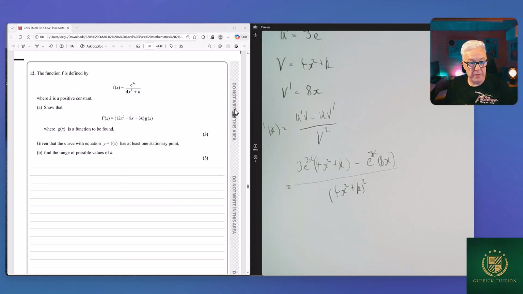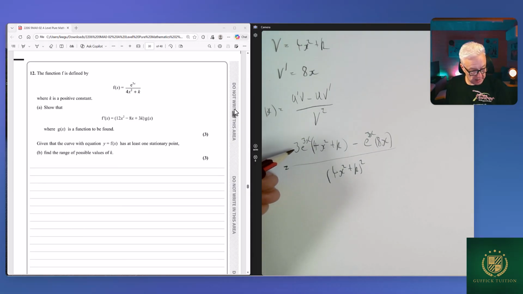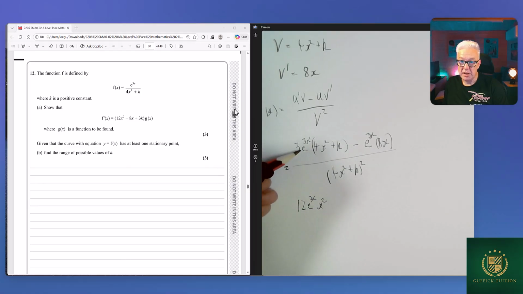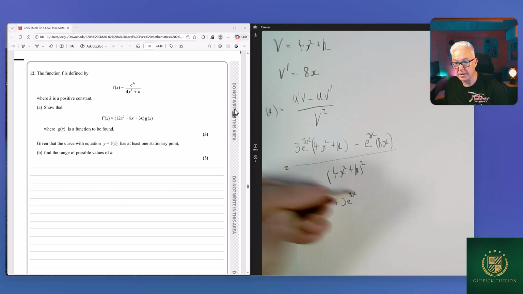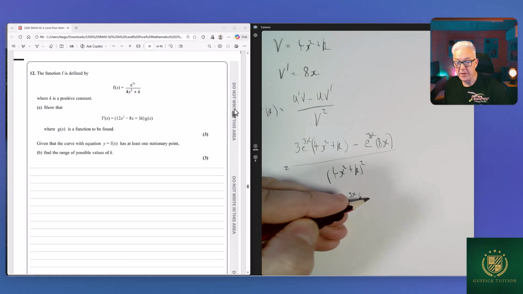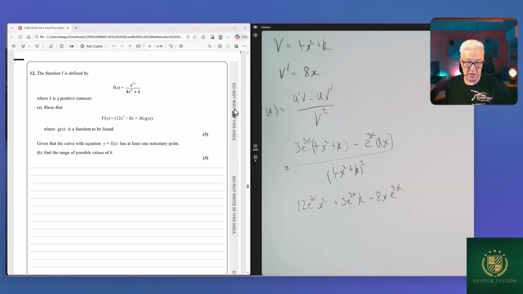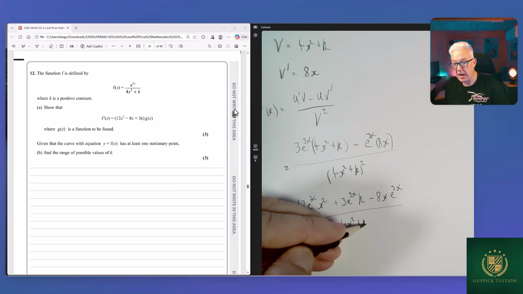Okay, so what are we aiming for? We've got to show that this is equal to 12x squared. So I think we should multiply out the numerator and take out a factor of e to the 3x. Multiplying out gives 12e to the 3x times x squared, plus 3e to the 3x, plus e to the 3x times k, minus 8x times e to the 3x, all over 4x squared add k all squared.